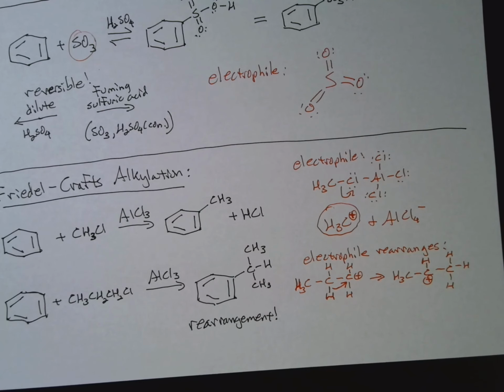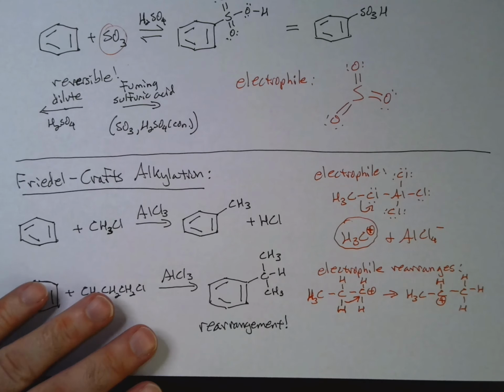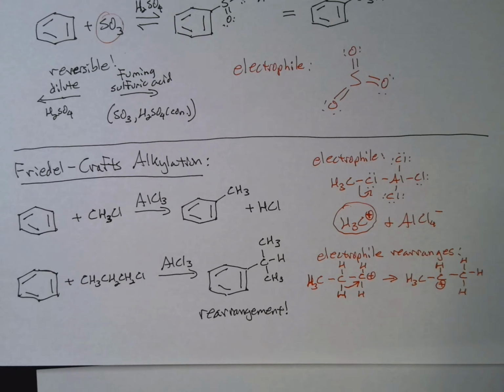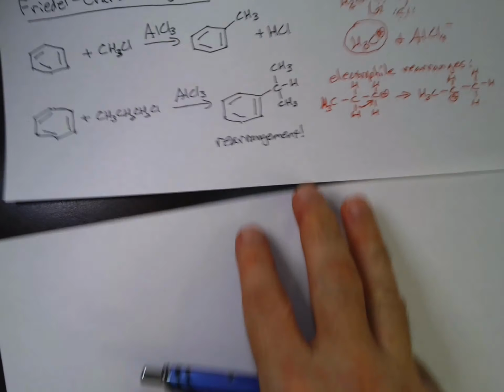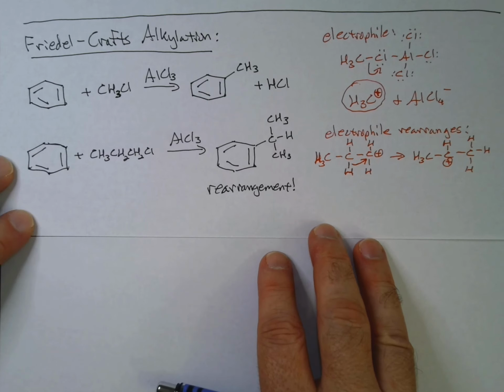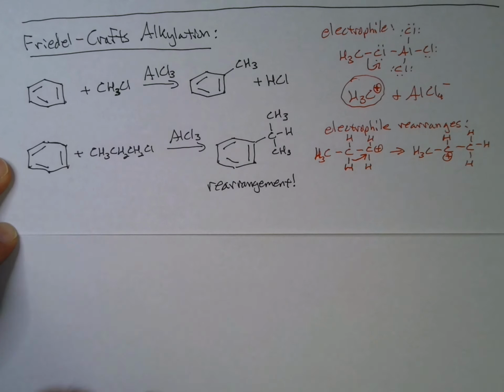The last reaction that I want to get to in this lecture is another version of the Friedel-Crafts reaction, and that is the Friedel-Crafts acylation. So let's take a look at that. I'm going to keep that guy up there for right now, Friedel-Crafts alkylation, and we'll do our Friedel-Crafts acylation.